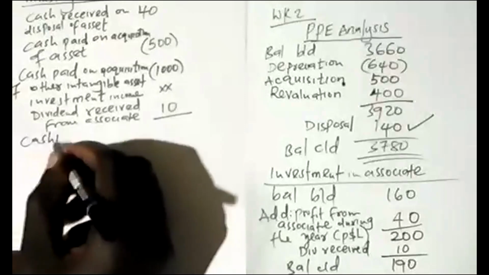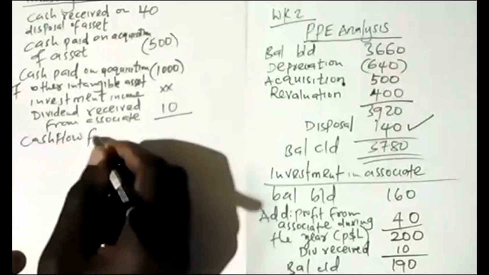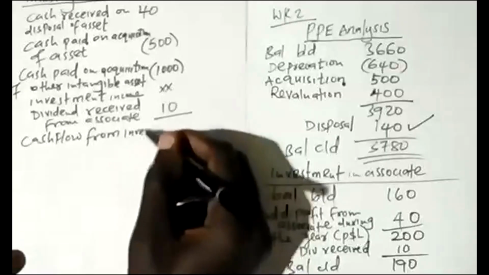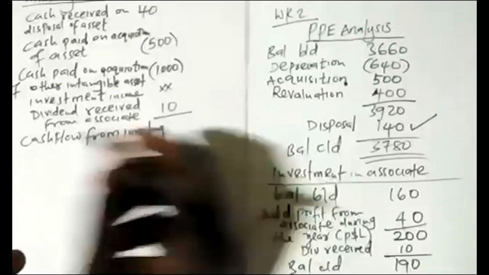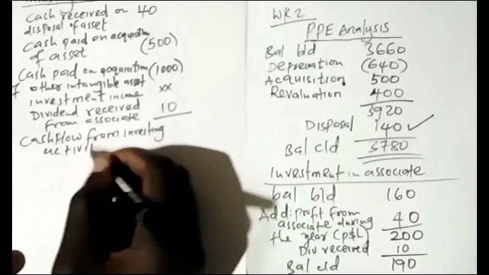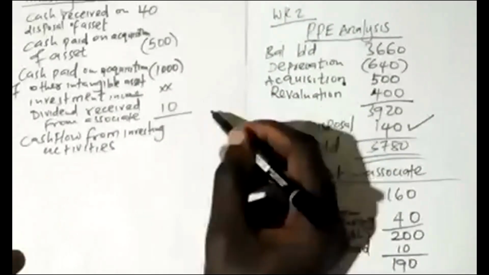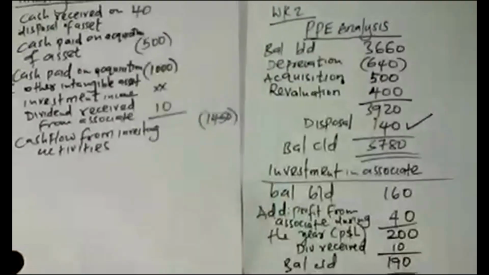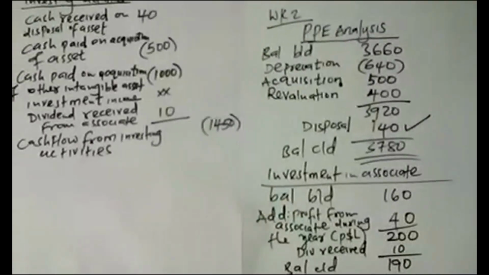So cash flow from investing, negative 1450. So we say that that is a cash outflow. That is the way you are supposed to mention that. Cash outflow of 1140. So that is fine.